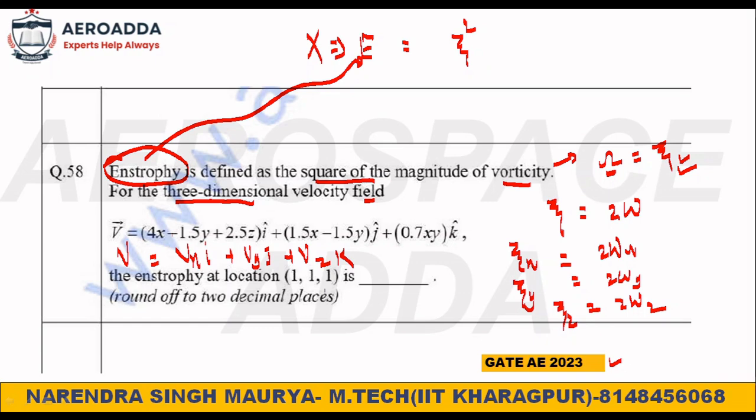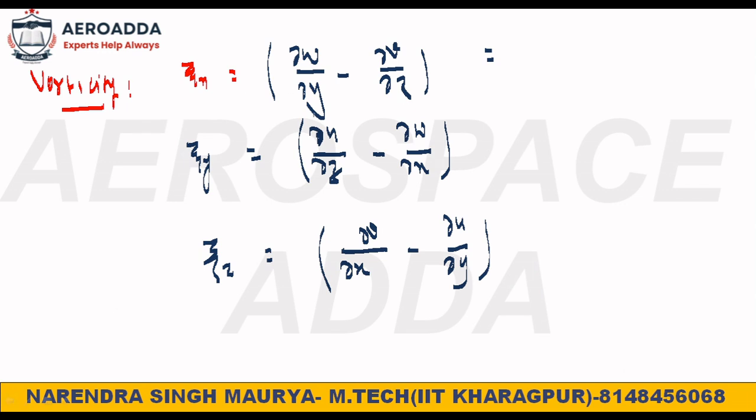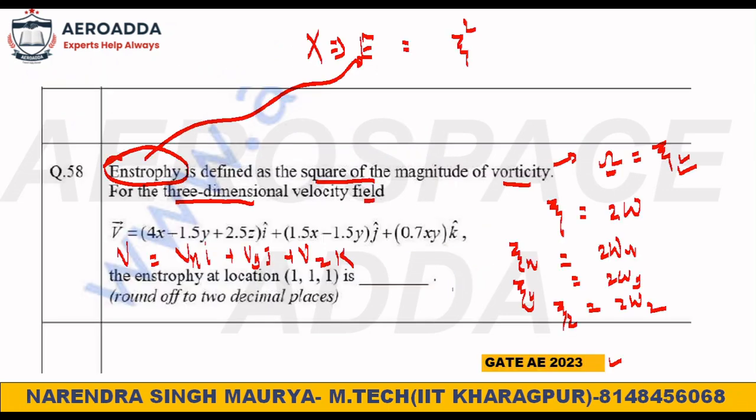Now you have written dou w by dou y minus dou v by dou z, dou u by dou z minus dou w by dou x, dou v by dou x minus dou u by dou y. If you think about it, what is the total resultant velocity? It was ui plus vj plus wk. This was the value. Yes or no? So can you say what is the u here? Check. u is 4x minus 1.5y.